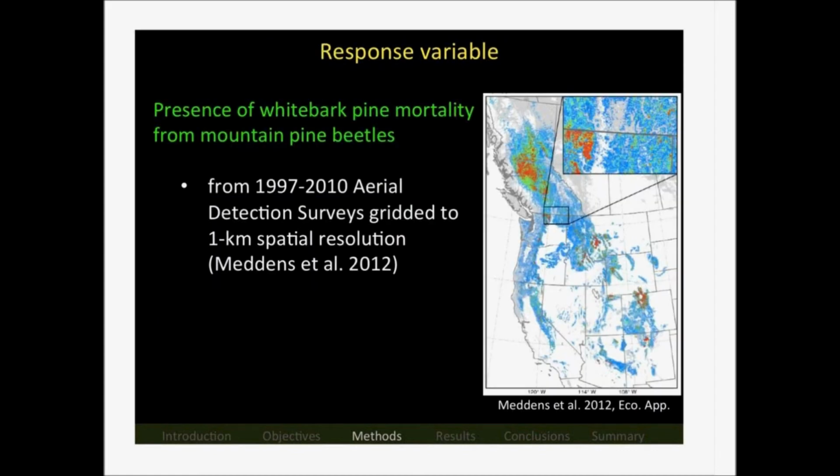Our response variable is the presence of whitebark pine mortality from mountain pine beetles, and this comes from Forest Service aerial detection survey data in which observers in aircraft record the tree species and the mortality agent as they fly regions in the western U.S., and this has been done in Canada as well. And this was gridded to a 1-kilometer spatial resolution by Arjen Meddens and others.